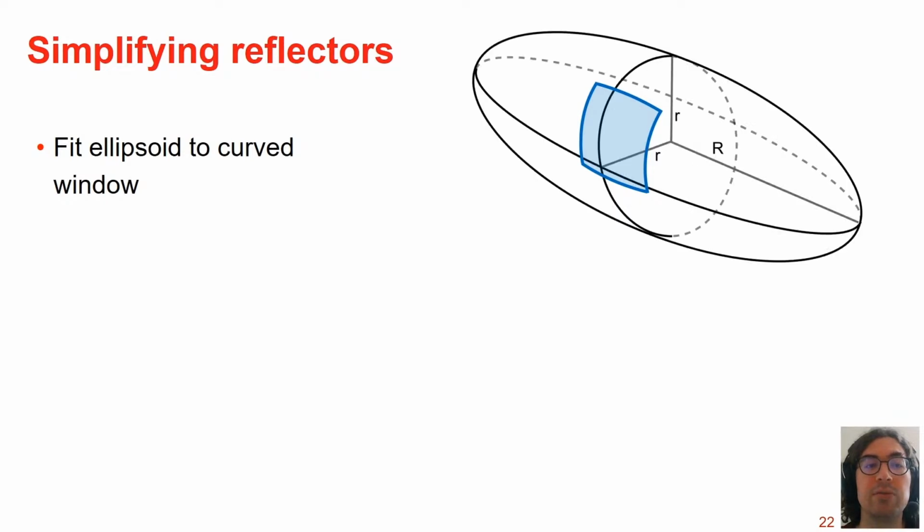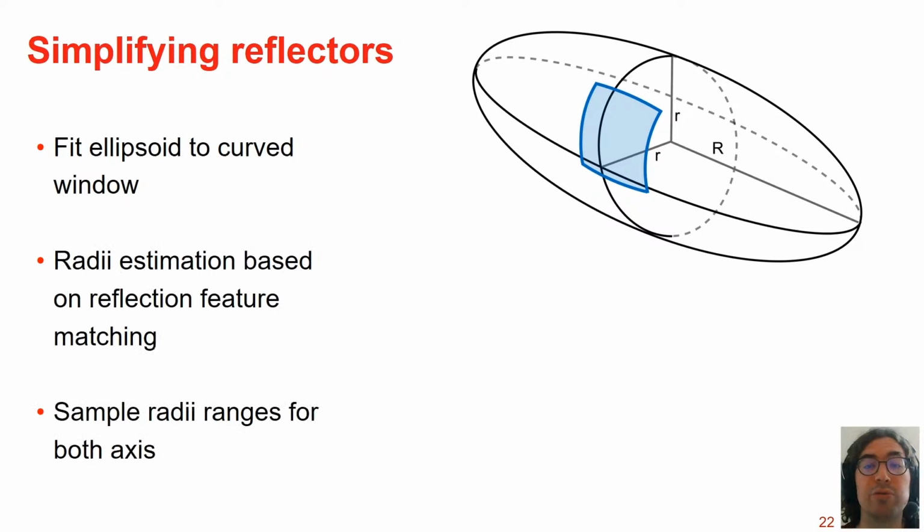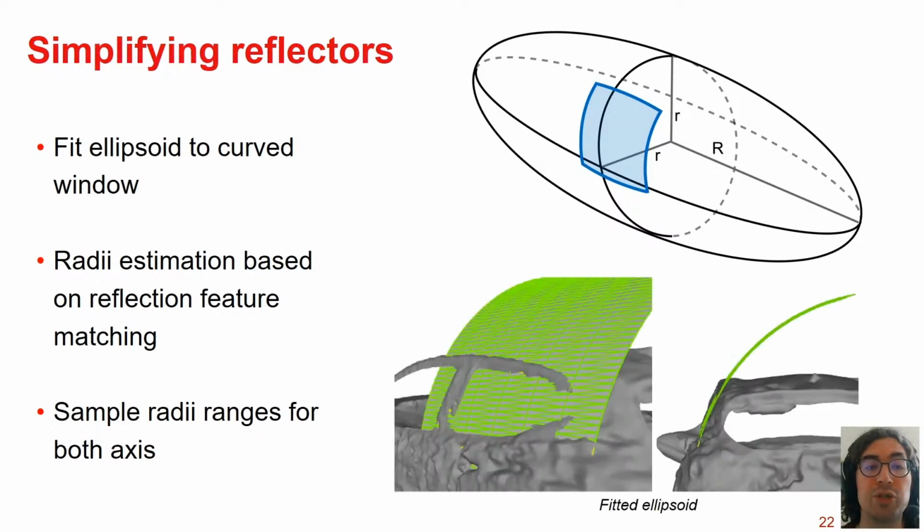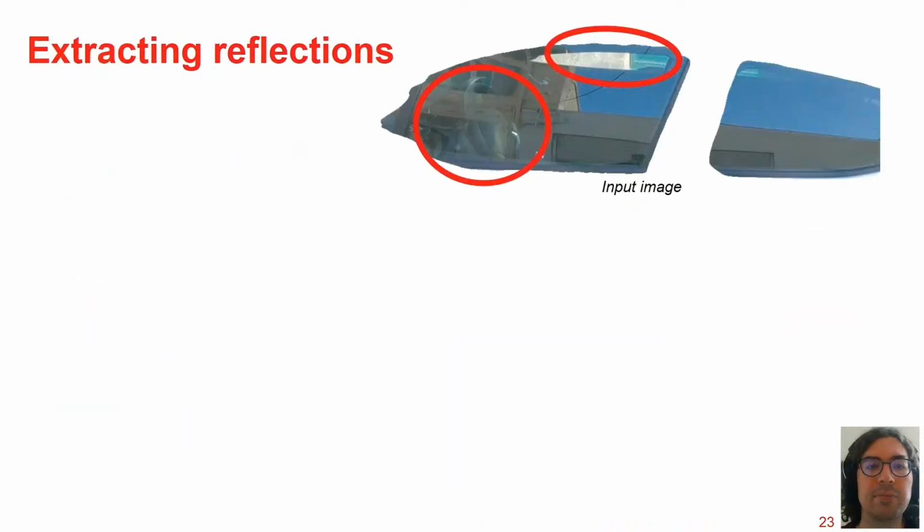We then need to find the remaining parameters of the ellipsoid, the radii. To find the best set of radii, we sample a range of plausible values and pick the set that allows us to warp between input views accurately using our flow computation. This is evaluated by automatically matching reflection features between neighboring images. For each window, we obtain a fitted ellipsoid. We can now compute the flow of the reflections.